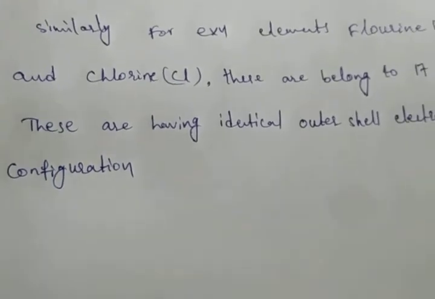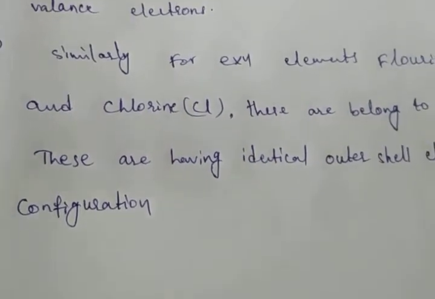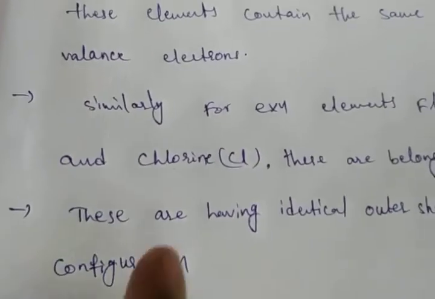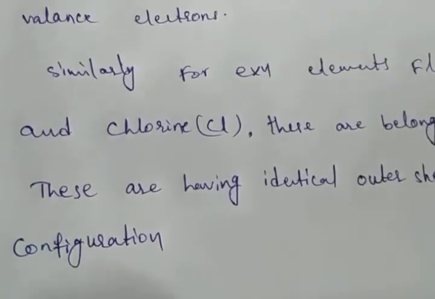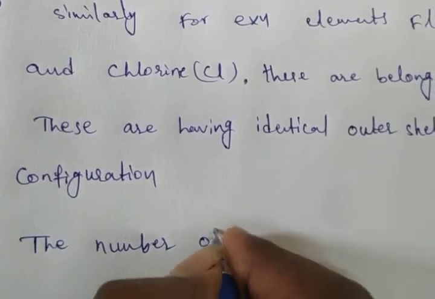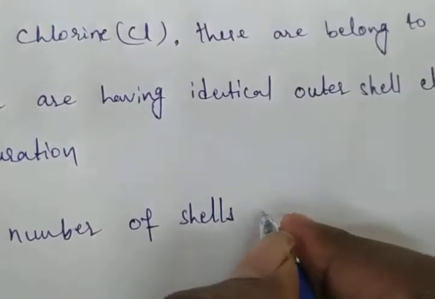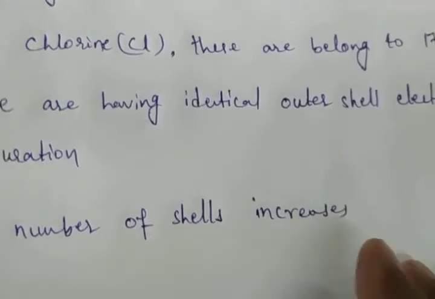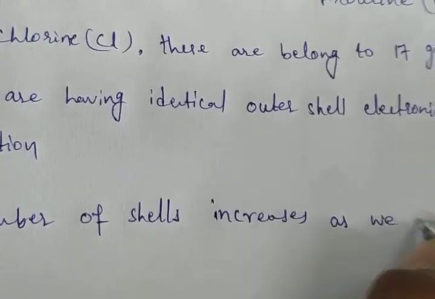As we go down the group, what is increasing? Going down, the number of shells increases. The number of shells increases as we go down in the group.